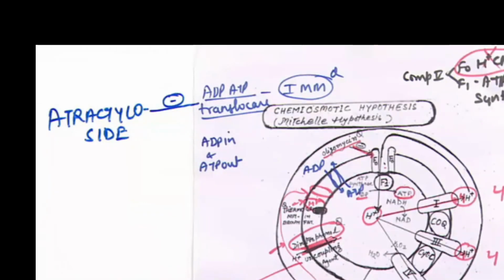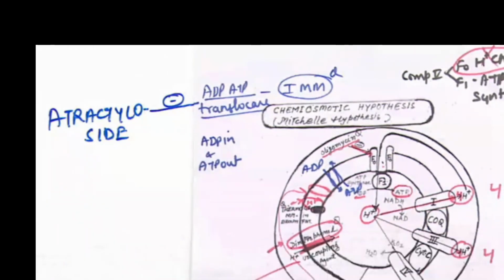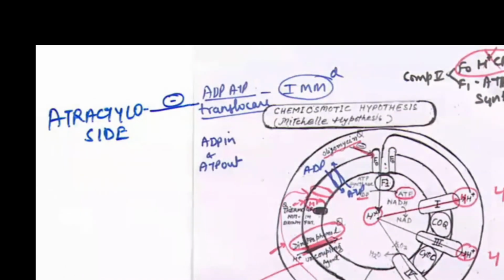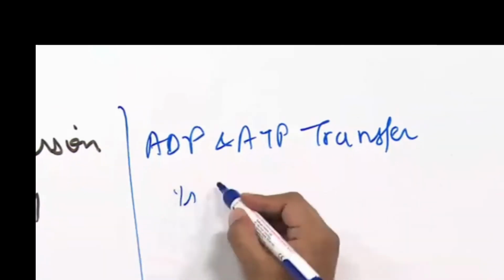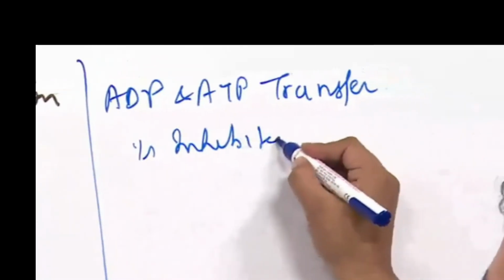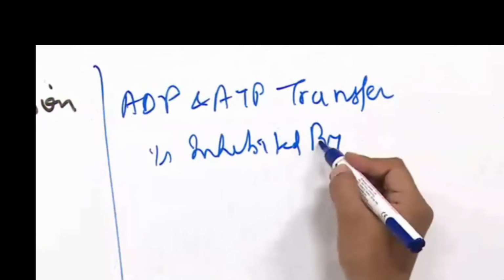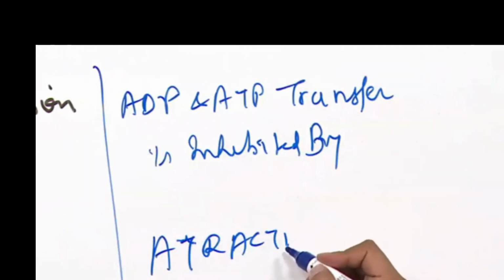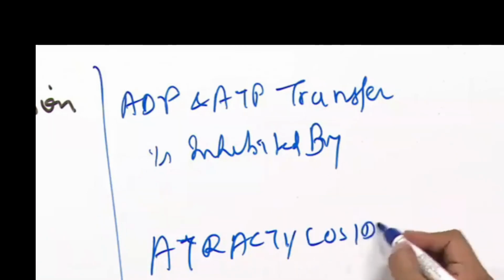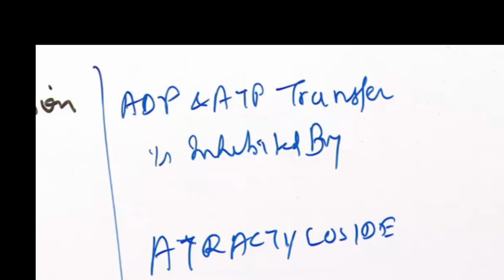So question is asked that ADP and ATP transfer is inhibited by atractyloside.